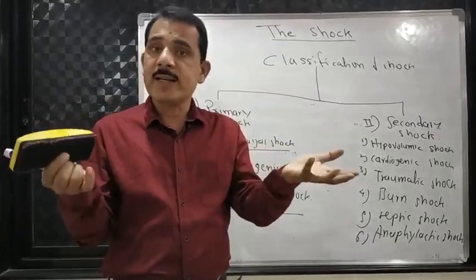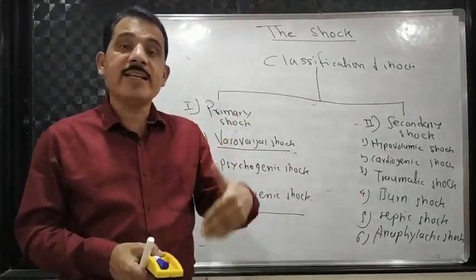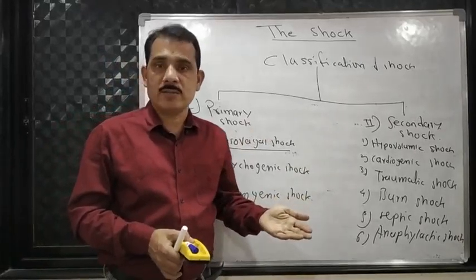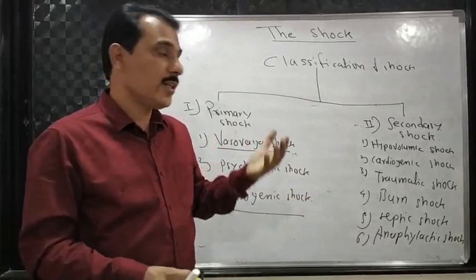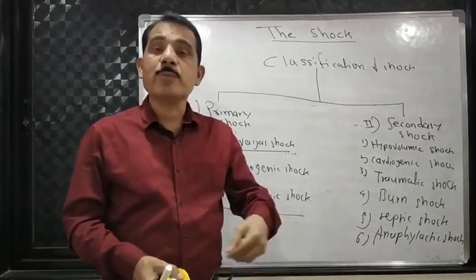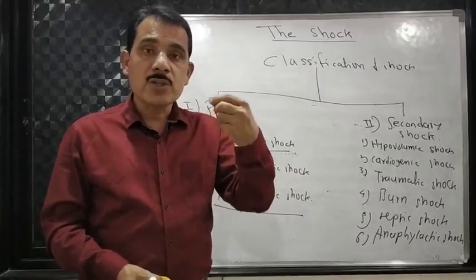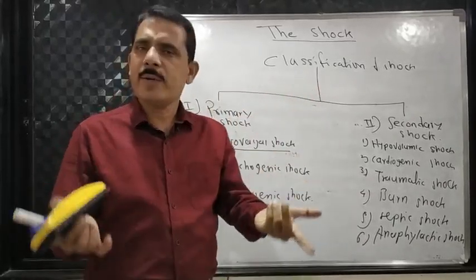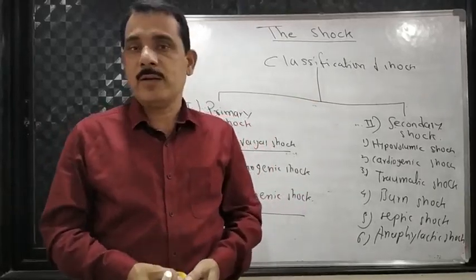As vessels remain dilated, more blood remains in the peripheral circulation, causing decreased venous return to the heart, which leads to decreased cardiac output. With this decreased cardiac output, there is a collapse of peripheral circulation, which leads to impaired metabolism, because to maintain metabolism the circulation should be normal.